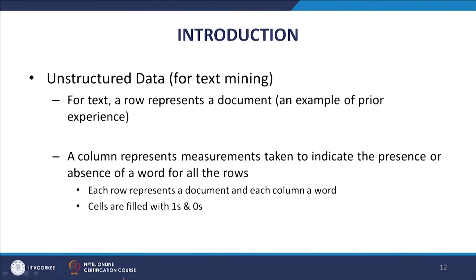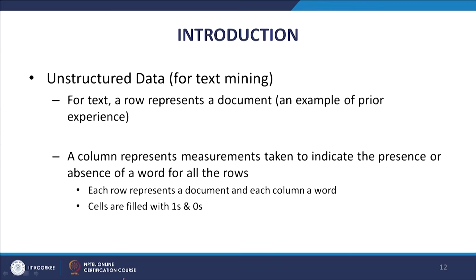When this transformation is done and we arrive at a tabular format, for text, a row represents a document. In data mining, typically the row is an observation on an individual or firm or industry or country or household. Here a row represents a document, which is an example of a prior experience, and a column represents measurements taken to indicate presence or absence of words.